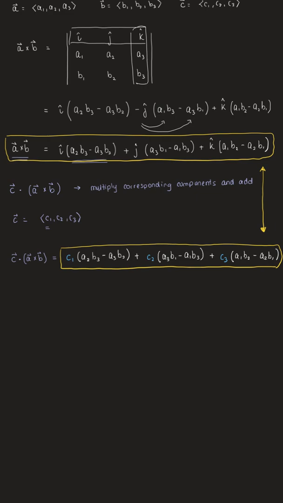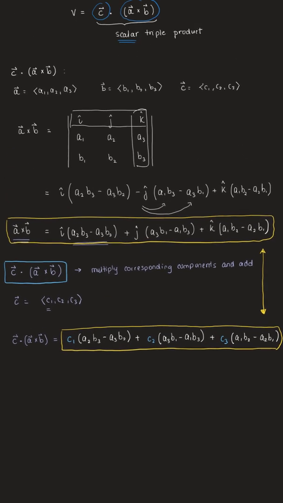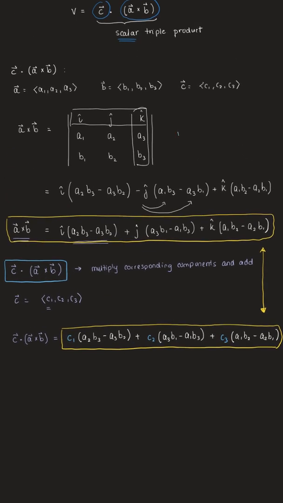Well, that means that if I want to calculate the dot product of a vector times the cross product of two other vectors, all I have to do is go back to the determinant that we use for the cross product and replace the first row. Instead of I, J, and K, we can put there C1, C2, C3, because that will then result in the expression that we just found.